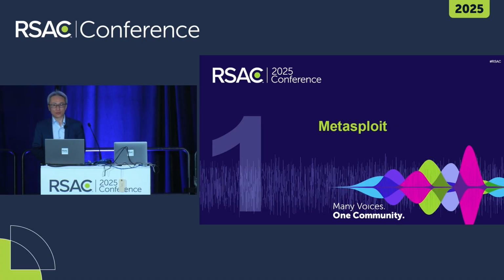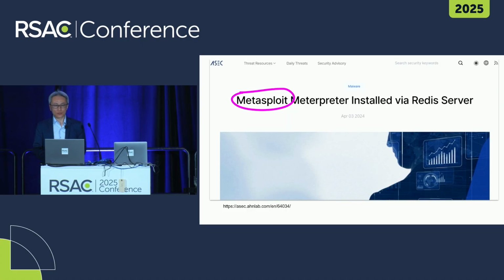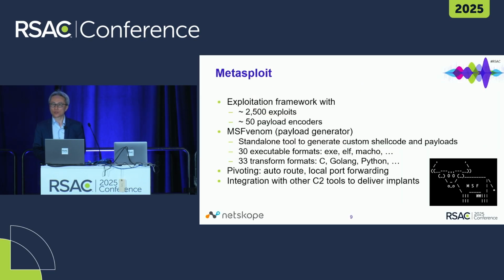Since its major purpose is more like an exploitation framework covering around 2,500 exploits targeting vulnerable software and operating systems, which makes it a quite powerful tool that can be used during the early stage of the attack. We call it the initial access.